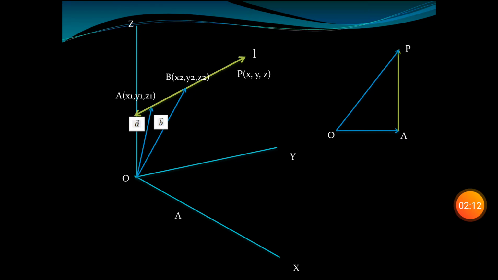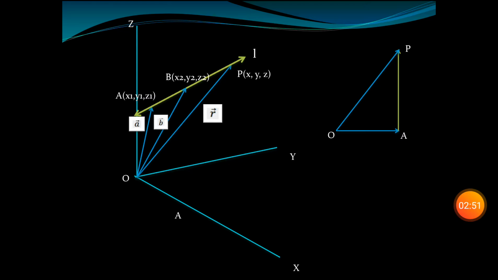And point P with origin O, and as you know we call this R. In this diagram you can see our line L, and it passes through 2 points A and B. We have considered a general point P that we take whenever we write an equation, P (x, y, z). We have joined them with the origin, and we call vector OA as A, OB as B, and OP as R.